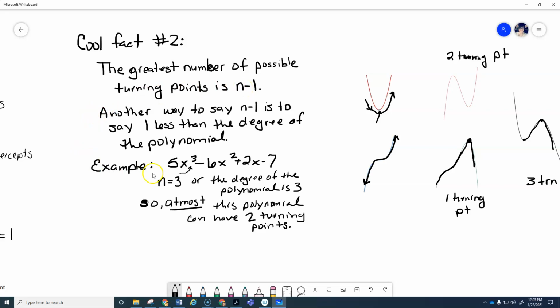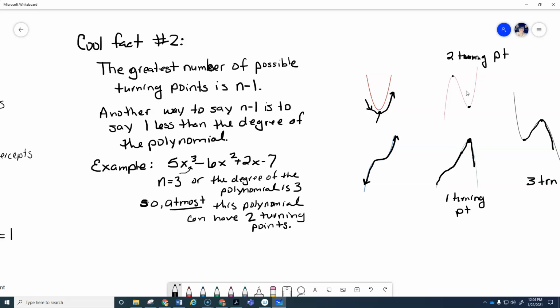You find the degree, take 1 away from that number, and that's the number of turning points. So when you see that this has 2 turning points, that means 2 is 1 less than 3.